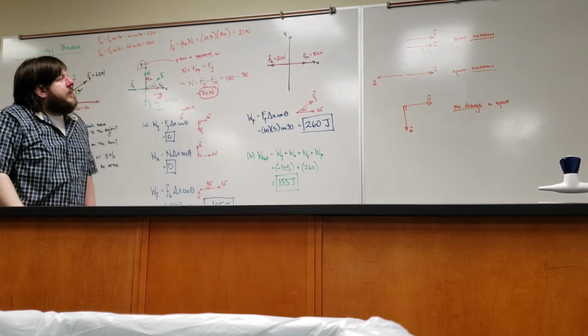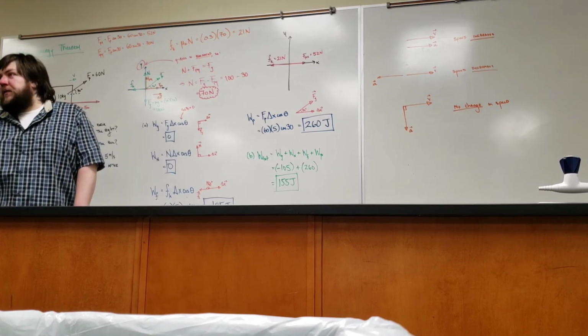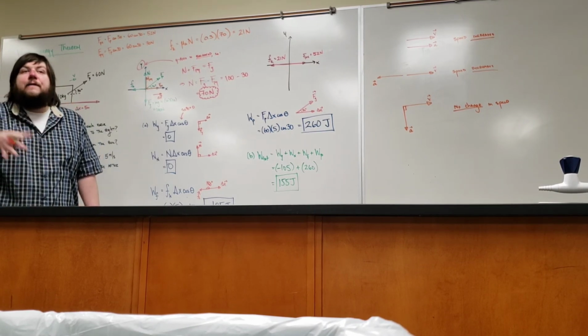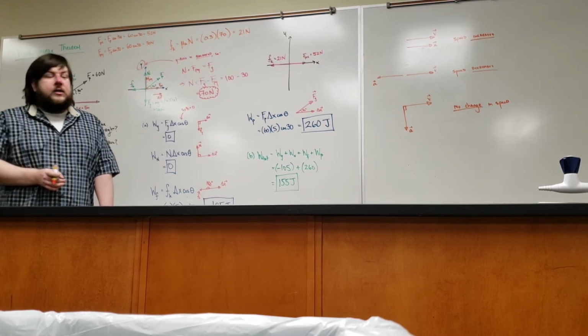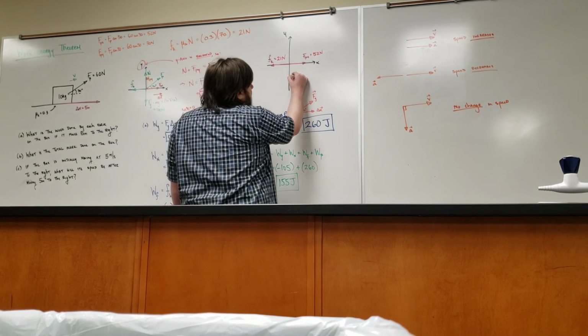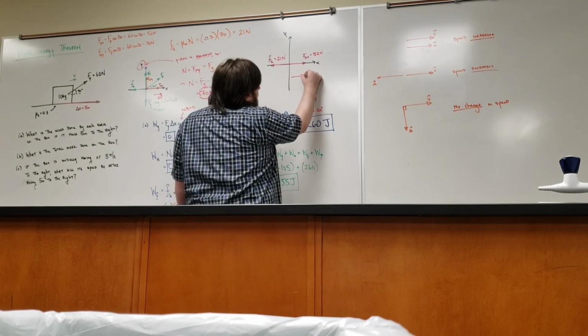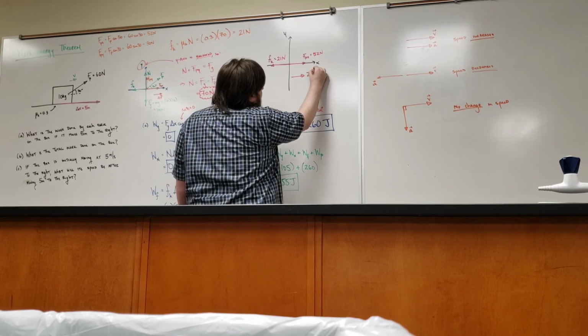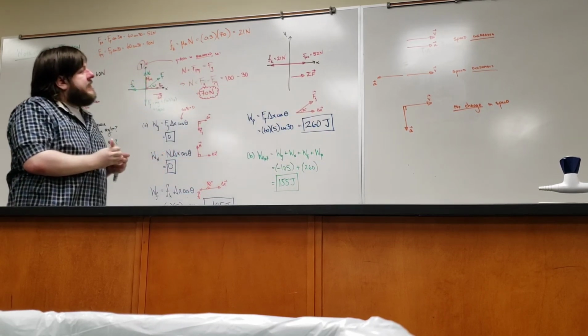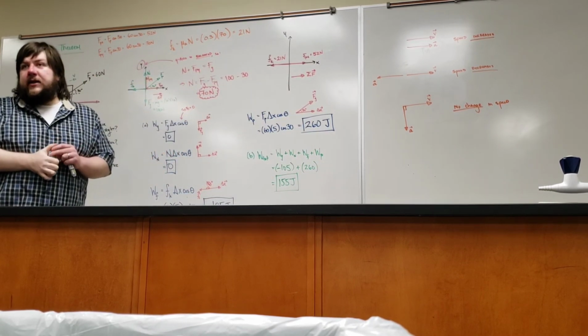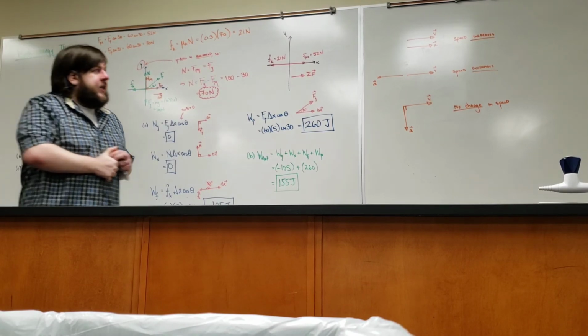So what direction is the net force going to point? To the right. The net force points to the right. So what direction does the acceleration point according to Newton's second law? To the right.